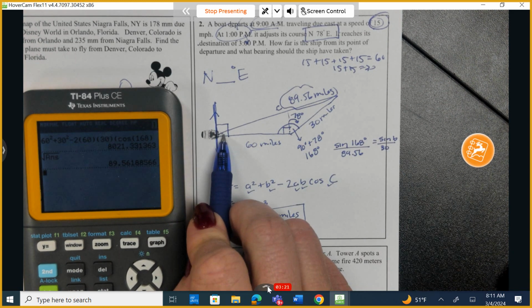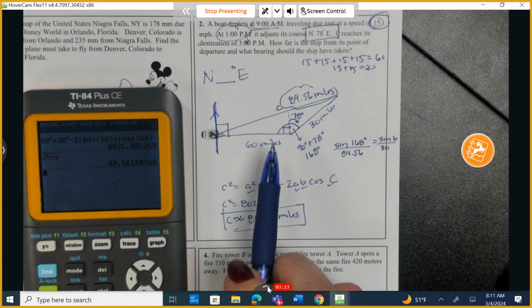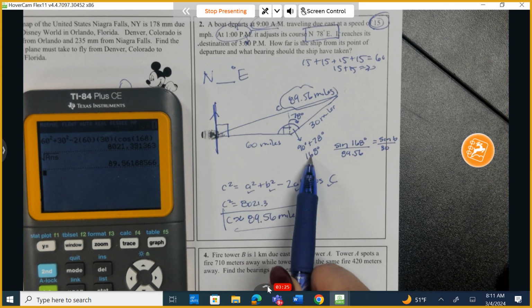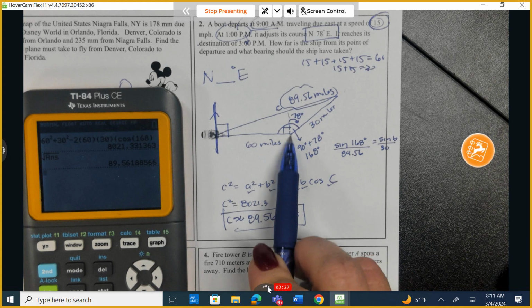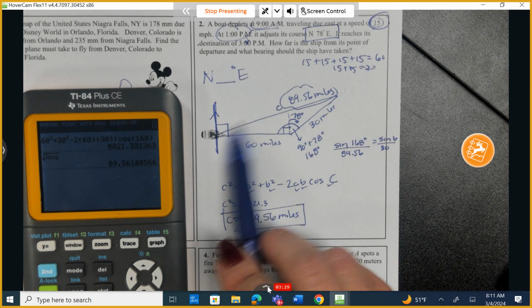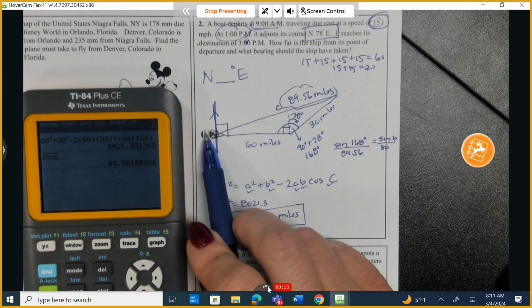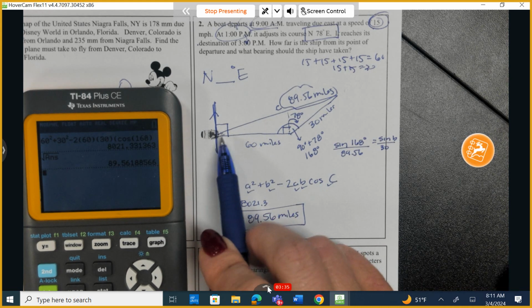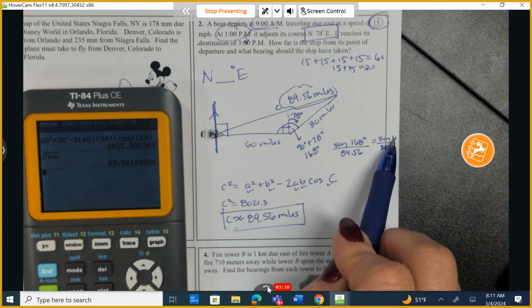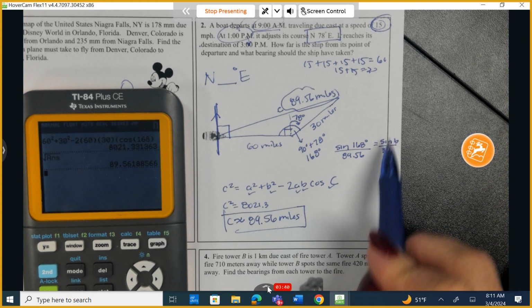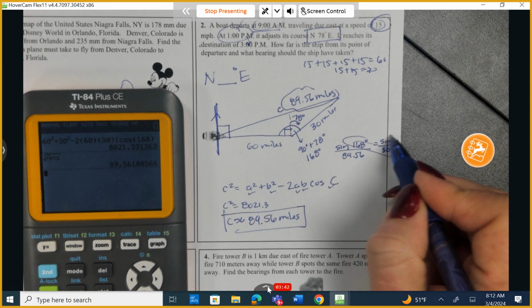Now I'm first going to figure out what is this angle using the law of sines. So this angle is 168, so the sine of 168 over the length of the side opposite equals, now I'm going to call this B for boat, or X, whatever you want to call it, sine of this unknown over a length of 30. So let's cross multiply.